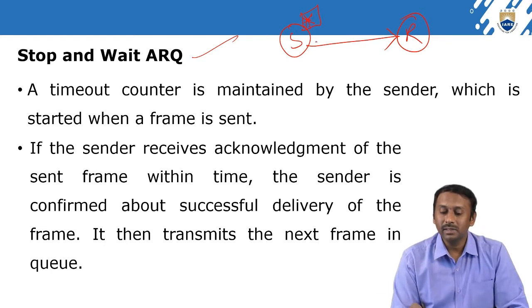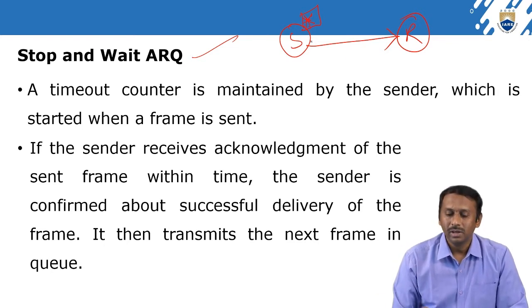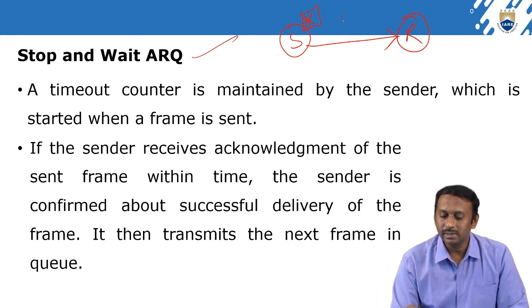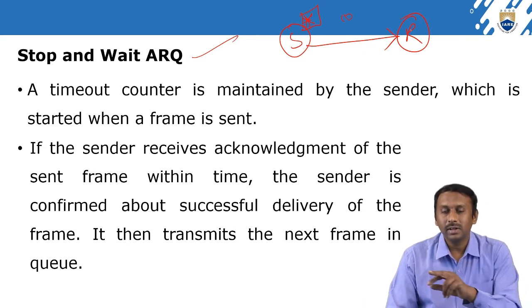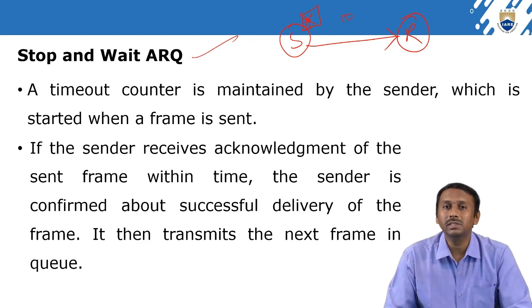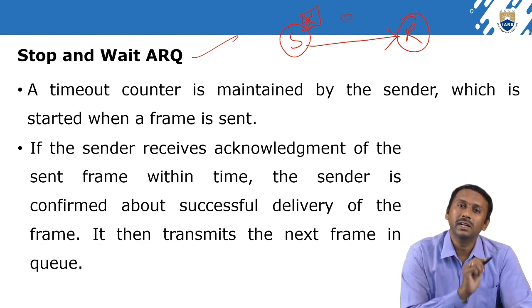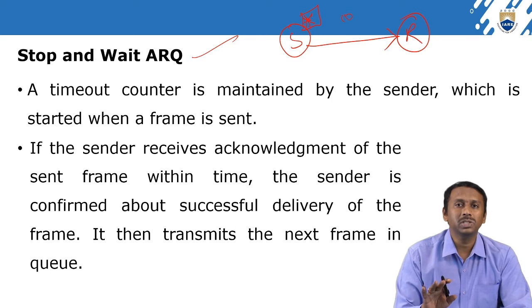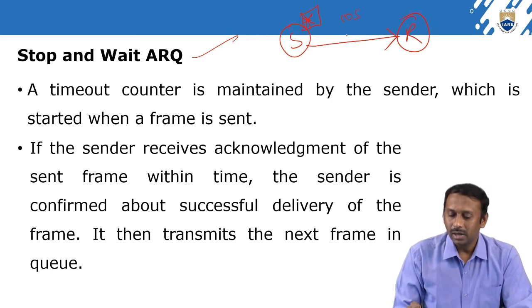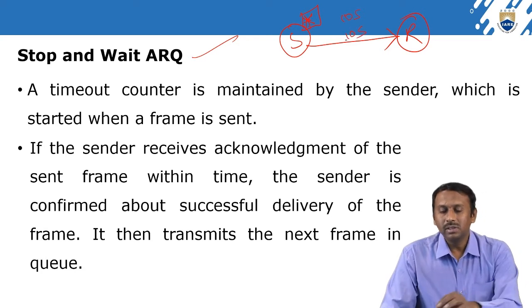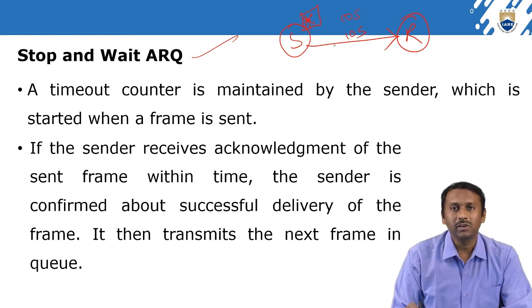When the sender sends a data frame, for example it will take 10 seconds to reach the receiver. After reaching the receiver, the receiver will immediately send an acknowledgement, either positive or negative. So this is 10 seconds, and the acknowledgement will again reach in 10 seconds, 20 seconds in total. Within 20 seconds after sending the data frame, the sender has to receive the acknowledgement.